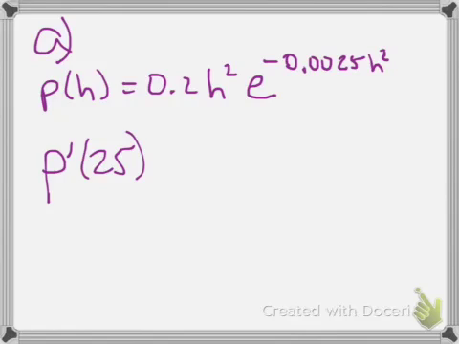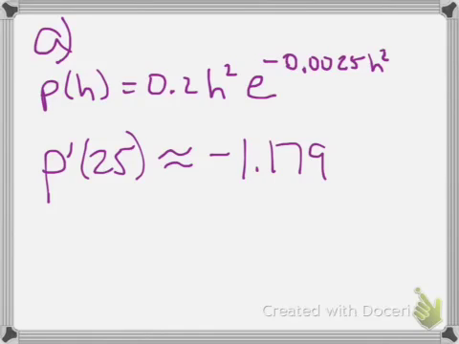So on whichever calculator you're using, use the feature for taking the derivative at a point, type this function in, make sure you evaluate it at 25, and if you do so, you get about negative 1.179.